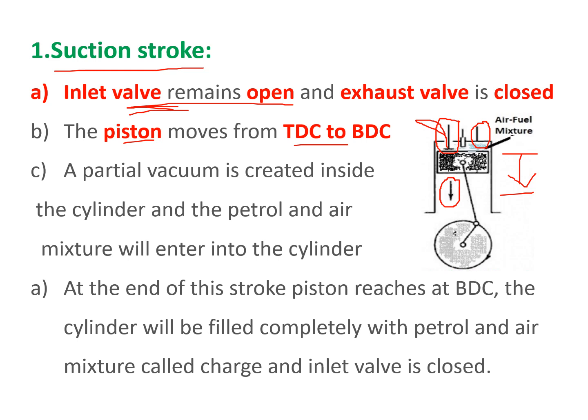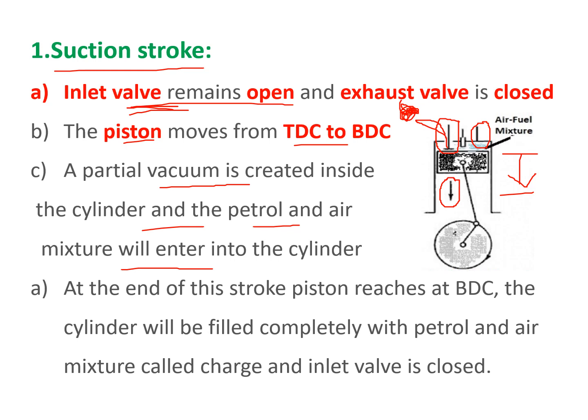And when the piston is moving from TDC to BDC, a partial vacuum is created inside the cylinder, and the petrol and air mixture will enter into the cylinder. The mixing of the air and petrol happens in the carburetor, and through the carburetor the fresh charge enters the cylinder due to the generation of vacuum inside the cylinder.